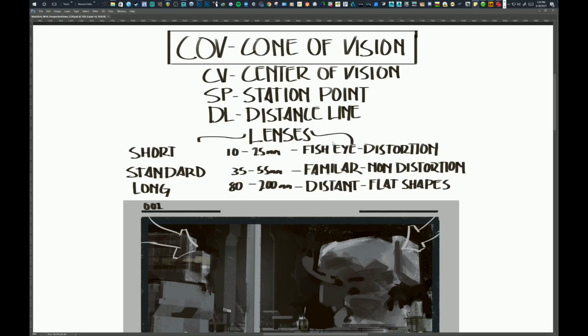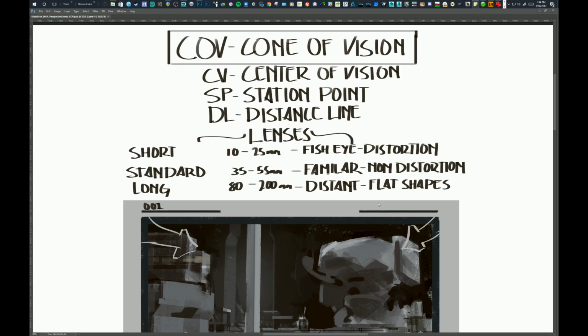Okay. So the cone of vision has nothing to do with plotting anything. Its main use is just for us to fact check our work.